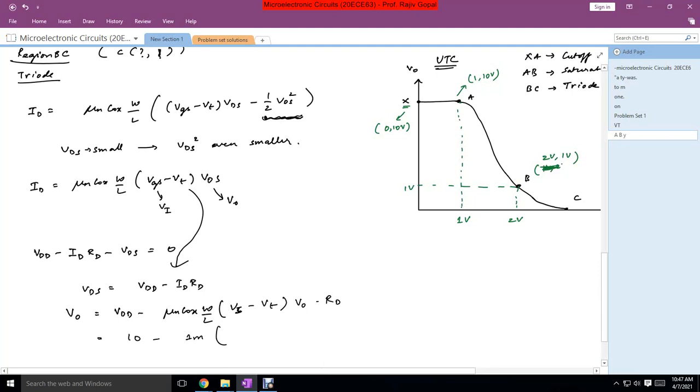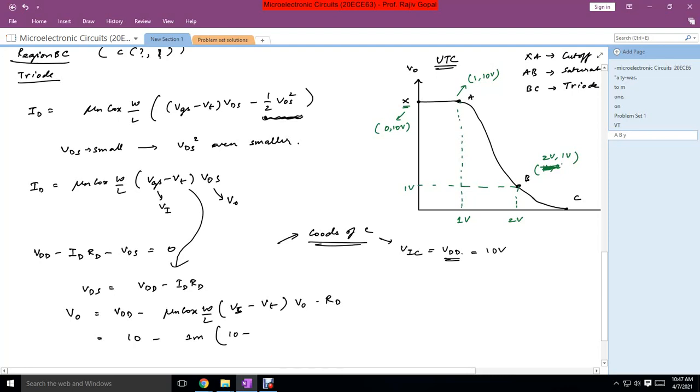Okay, upon close inspection, I have to find the coordinates of C here. Okay, coordinates of C, it is clear that VIC is actually VDD. Okay, so it is actually 10 volts. So substitute the 10 volts here.